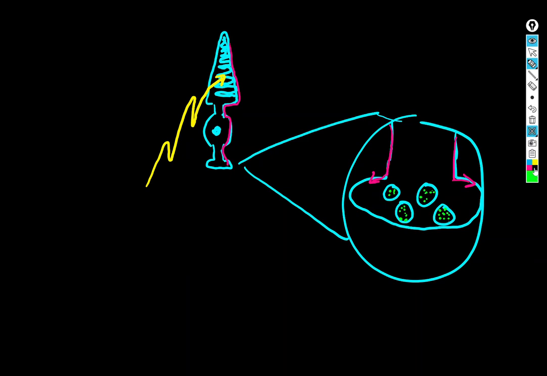And that's going to cause the fusion of the vesicles with the cell membrane, and that lets the glutamate out into the synapse.